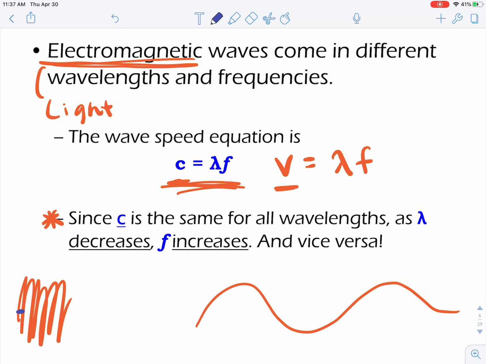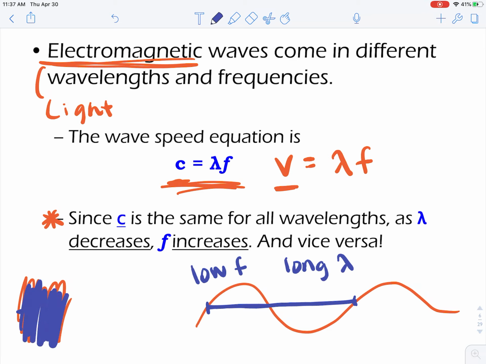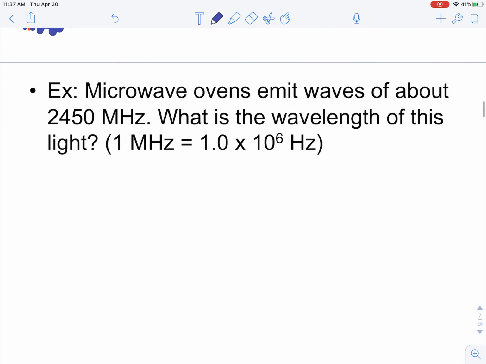A wavelength on this poorly drawn high frequency wave is pretty short, versus a wavelength on a low frequency wave is pretty long. A trick I remember is low frequency, long wavelength: low and long. And I also think of high frequency as being really high energy happening over and over and over again, really bunched together. So if it's high frequency, it's going to be a very small wavelength.